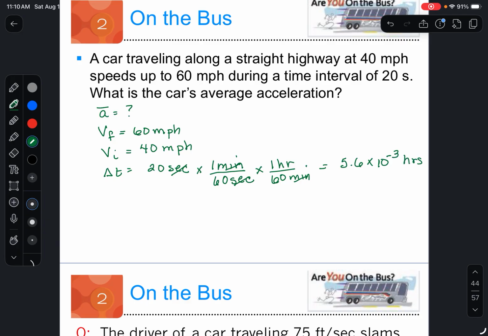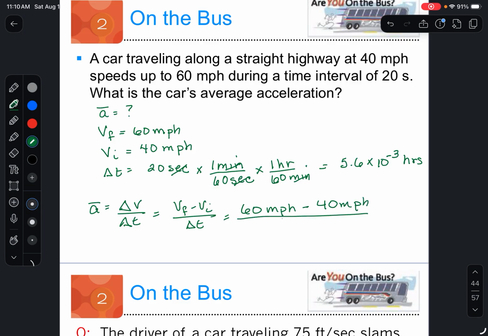We know that average acceleration is the change in velocity over the change in time. So that's going to be V final minus V initial over delta t. So we have 60 miles per hour minus 40 miles per hour divided by 5.6 times 10 to the minus 3 hours.